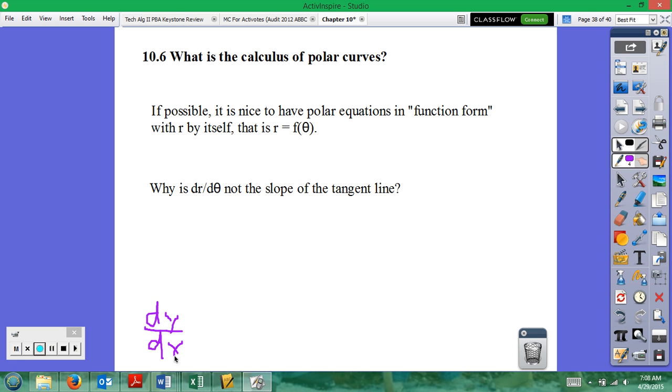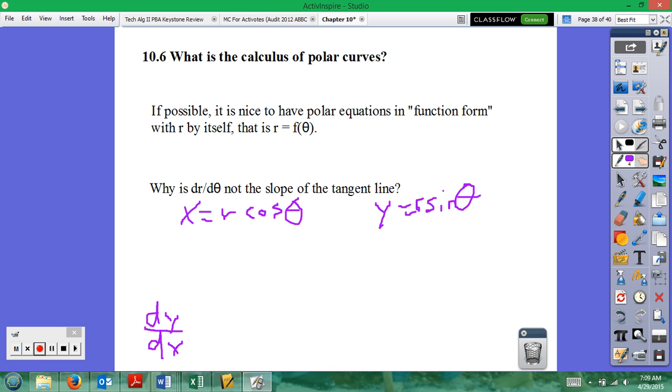Let's suppose we have r equals f of theta. Thinking about our conversions, one is x equals r cosine theta, and the other is y equals r sine theta. If we want dy dx, we want the derivative of y over the derivative of x.